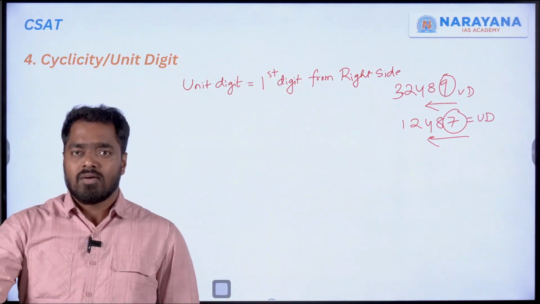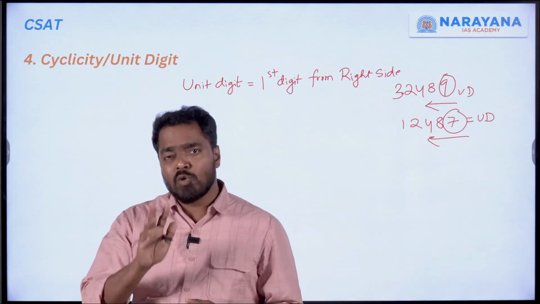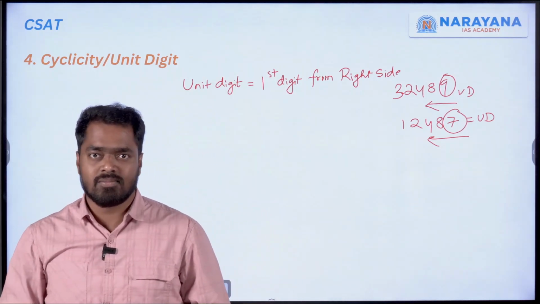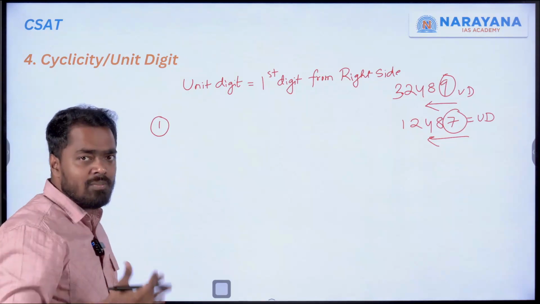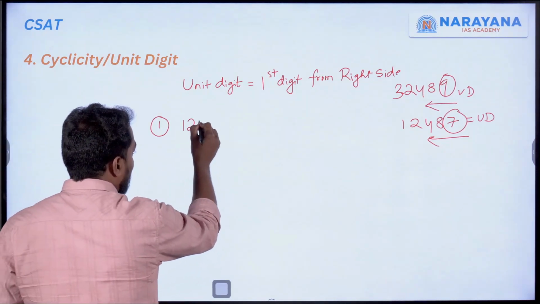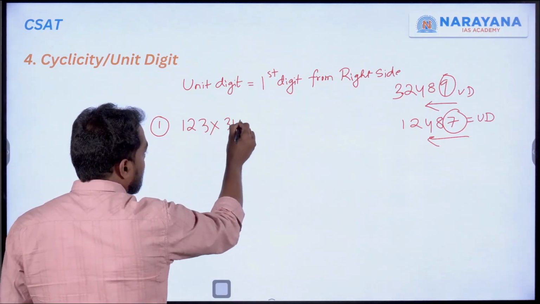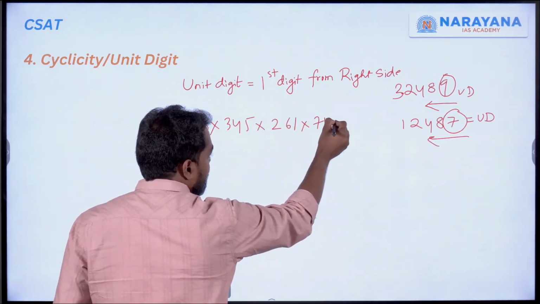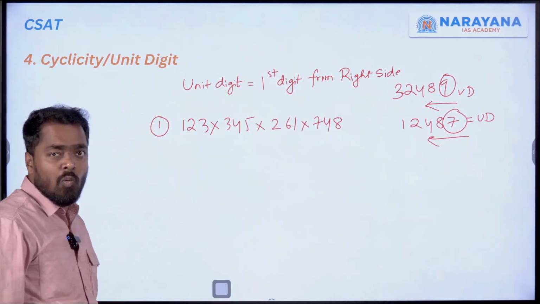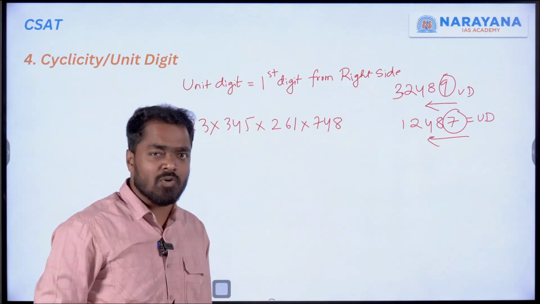Now, from this subtopic, mainly two kinds of questions come in the exam. The first kind of questions, they will give you one multiplication. For example, 123 into 345 into 261 into 748. What is the unit digit of this product?